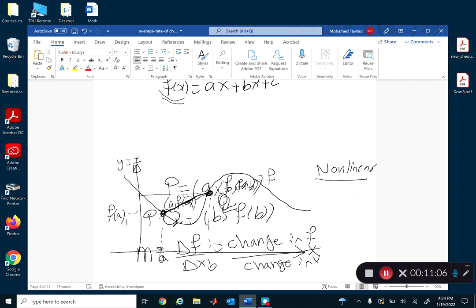Now I'm narrowing myself to A and B. Look what you have, A and B. So here is your graph. I'm taking point A on the graph, B here.